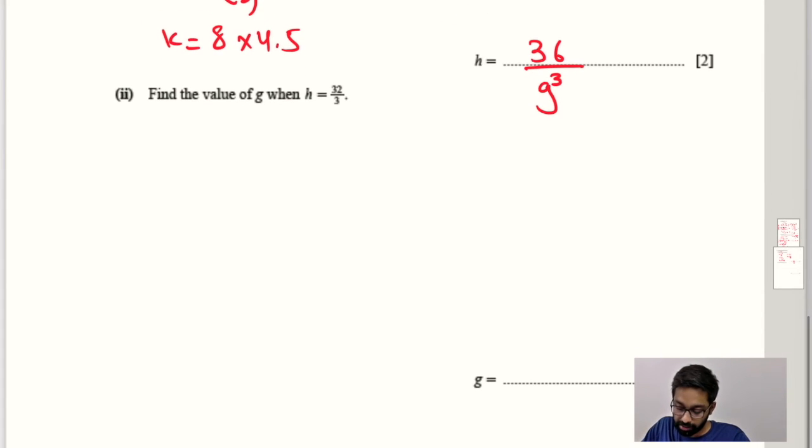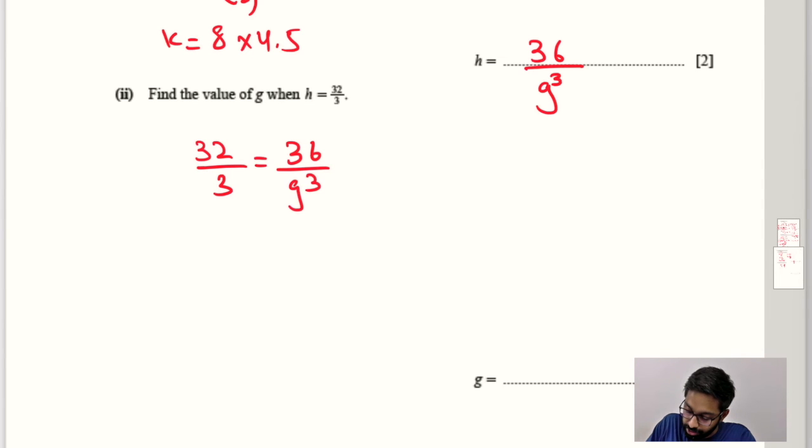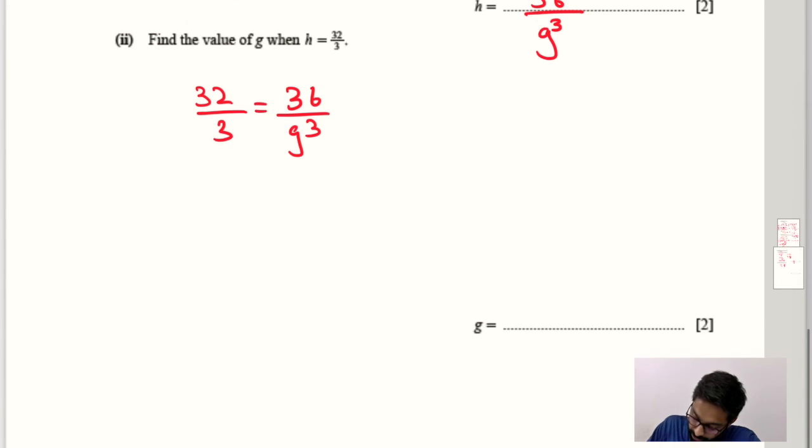The next part says find the value of g when h is 32 over 3. So if h is 32 over 3 and the other side of the equation is as it was, 36 over g cubed, I bring the g cube on the left and bring the 32 over 3 on the right. I can cross multiply it.